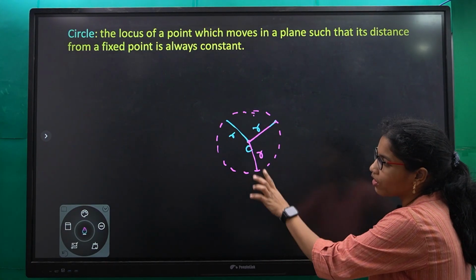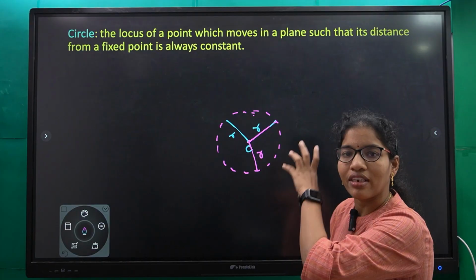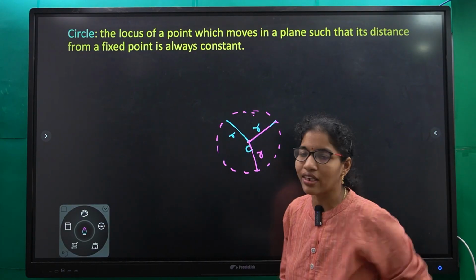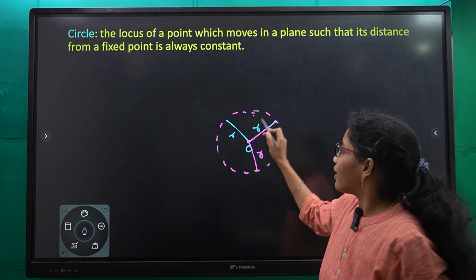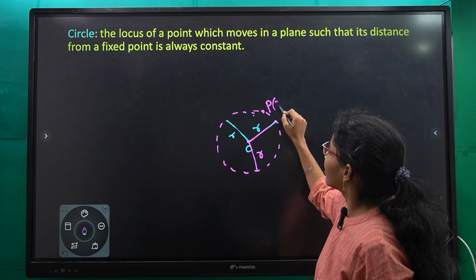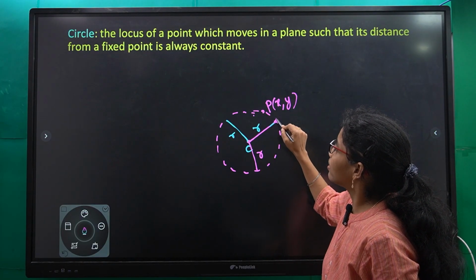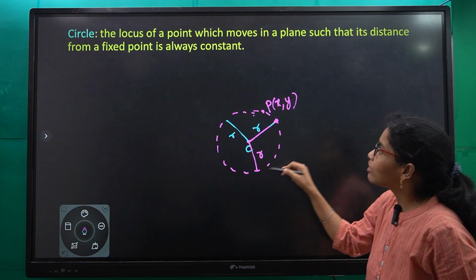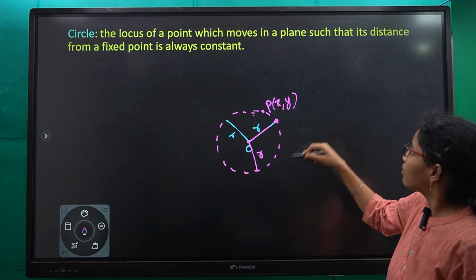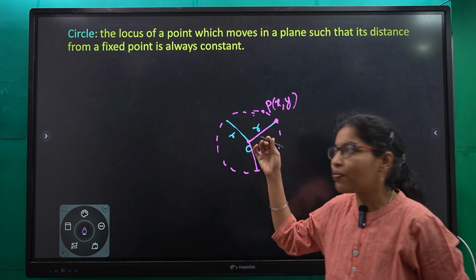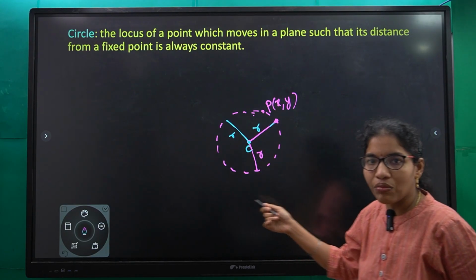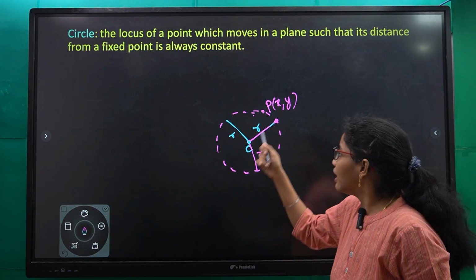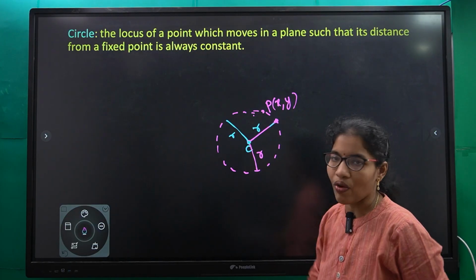So the collection of all the points in a plane which are equidistant from a fixed point, you can call it a circle. Otherwise you can say it is the locus of a point, you can take x comma y, which moves in a plane such that its distance from a fixed point is constant.